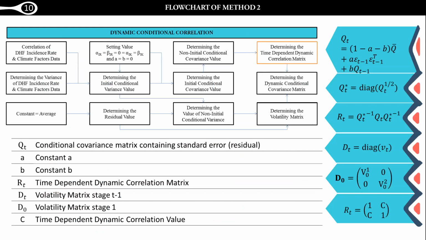If the Gauss method uses 2 constants, in the DCC method, 6 constants are used. Another difference is that the resulting output is a matrix, such as the covariance, of course by applying the equation attached to the chart on the right.